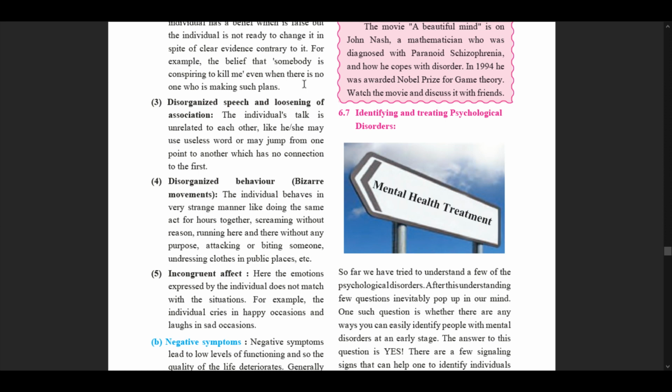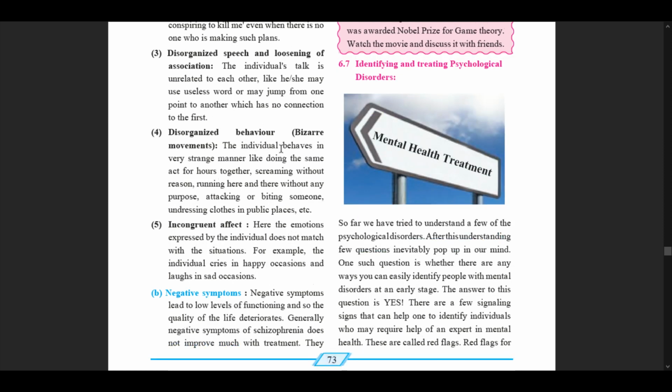So this is what unrelated topics being discussed and jumping from one point to another, which have no connection to the first, where Ram is asking me about how my exam went, and I tell him about my cycle breaking down or my cycle's tire getting punctured. So this is what disorganized speech or loosening of association is.